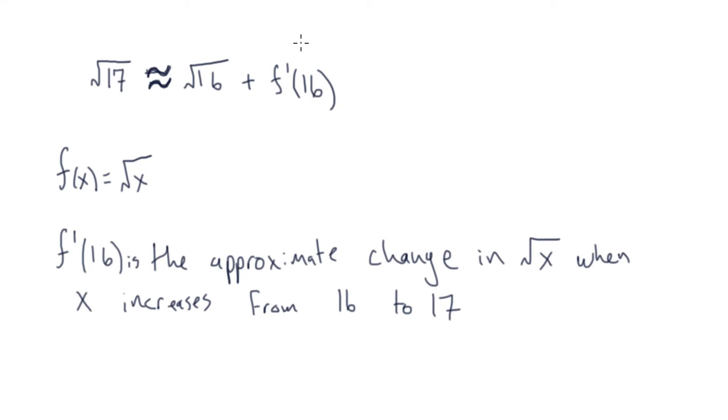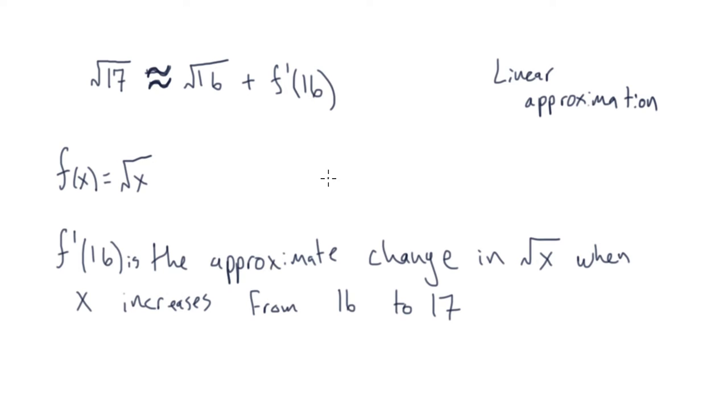So this actually gives what's called a linear approximation. And what we'll see is that the linear approximation is really given by the linearization of this function f of x at 16. So this is just kind of an example.